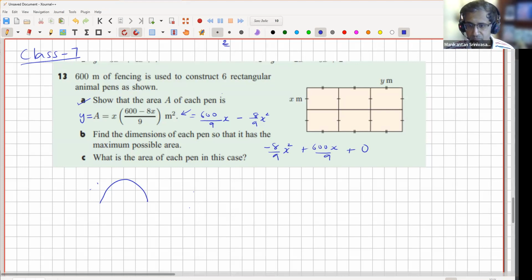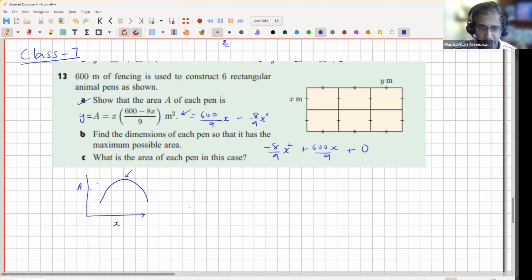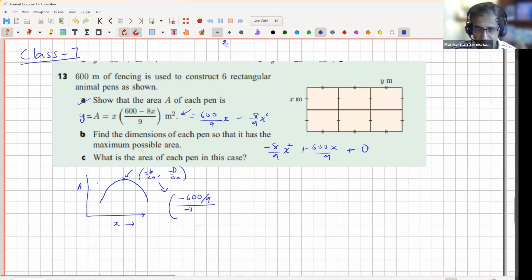Agreed, Sarah? Now, it's an inverted parabola. So the maximum area, if I'm plotting area in the y direction and x in the x direction, then the vertex coordinates are minus b by 2a and minus d by 4a. Let's apply that. Minus b by 2a would be minus of 600 by 9 upon 2a, which is minus 16 by 9.